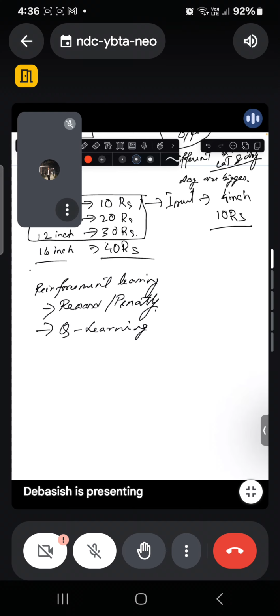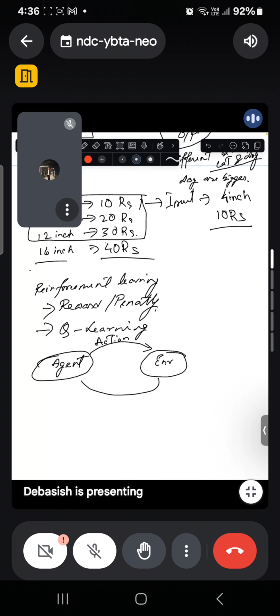Basically, in reinforcement learning there is an agent and there is an environment. If we perform any action, then the environment state will give some output, and that output is known as a reward. Let's say we train a baby.